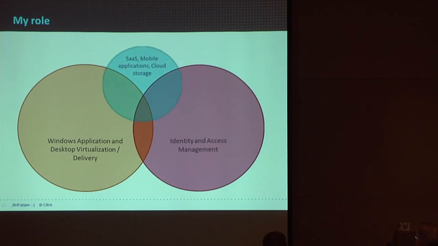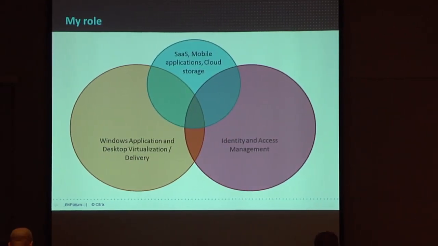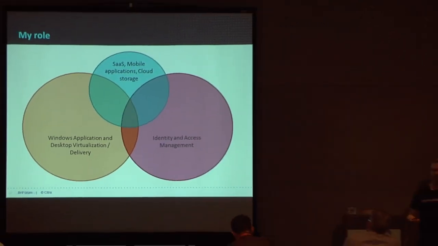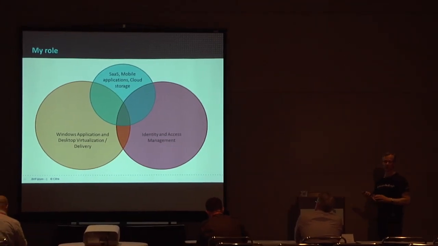And we've had lots of new areas emerging in the last year or two which touch closely on identity and access management: everything to do with using SaaS services, people using mobile applications which may need to call SaaS services or call the enterprise, and needing to use cloud storage.